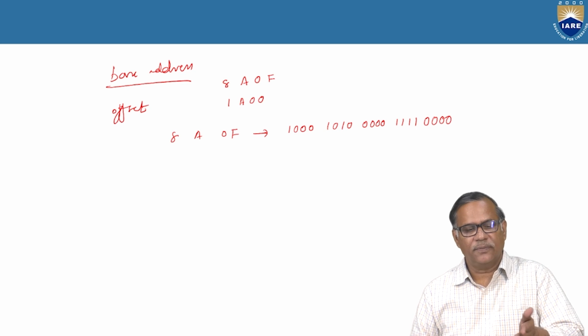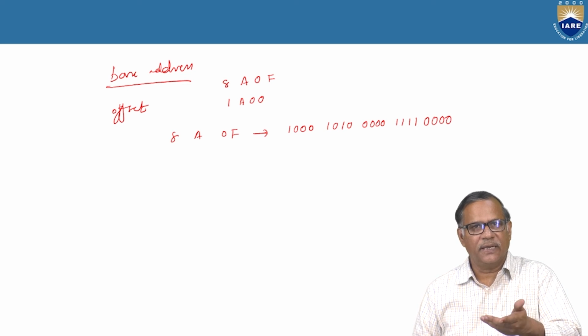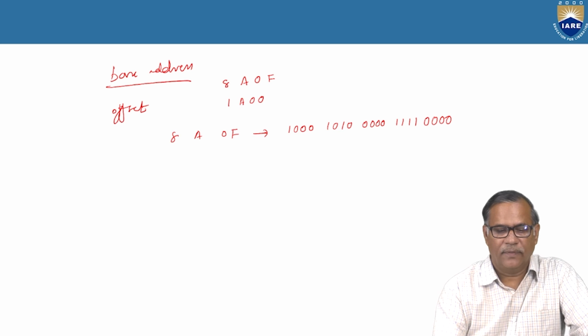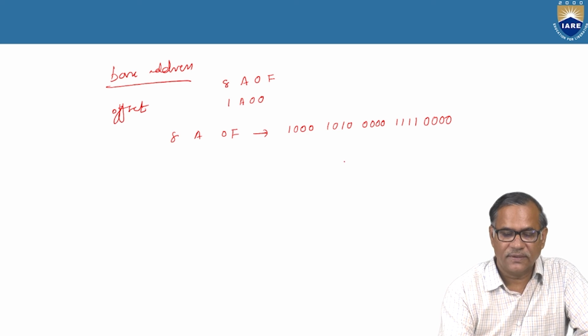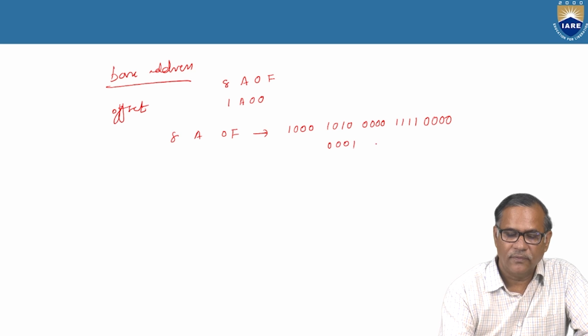Now that means the 16-bit data has become 20-bit data. And to this, the offset address is added. What is the offset address? 1 is 0001, then A is 1010, then 0000 0000.